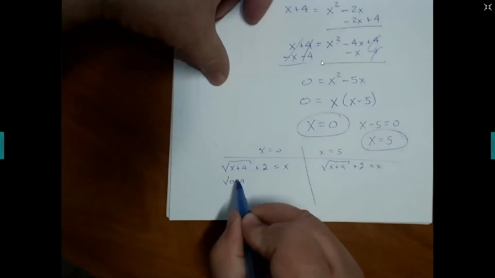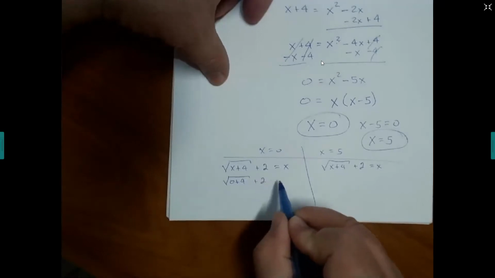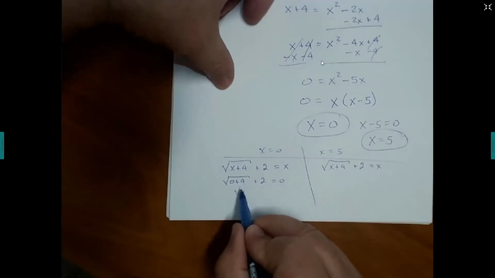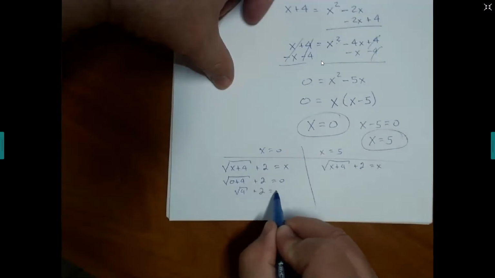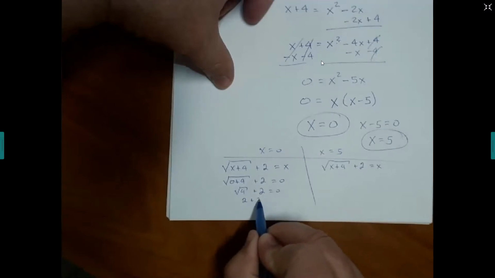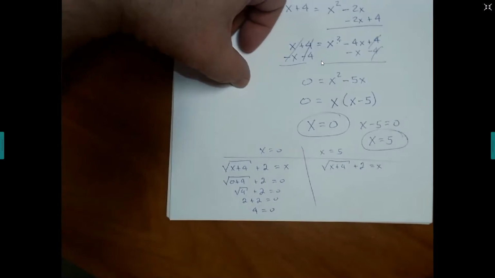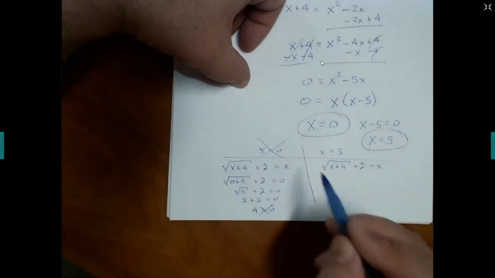Zero plus 4 plus 2 equals 0. Square root of 4 is 2, plus 2. Does 4 equal 0? No. So we cannot use 0 as an answer.